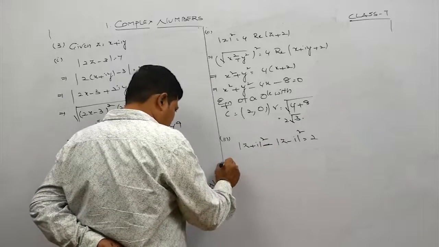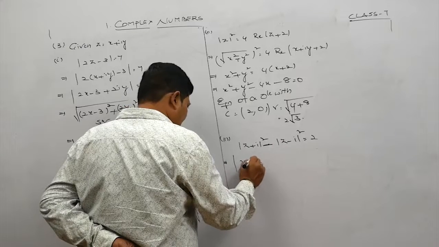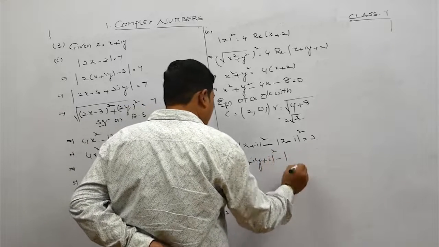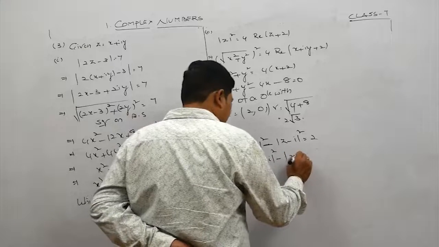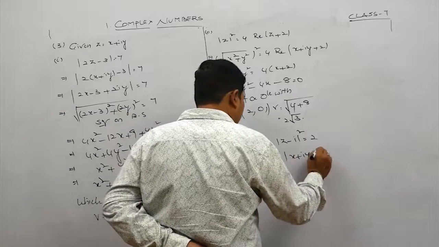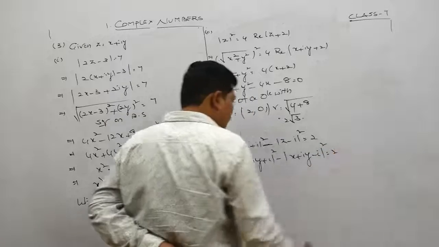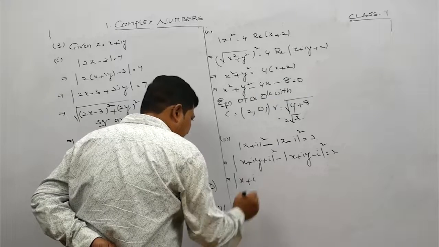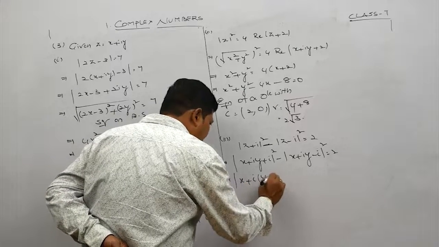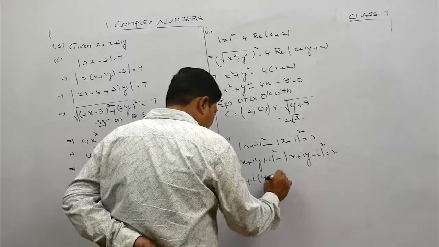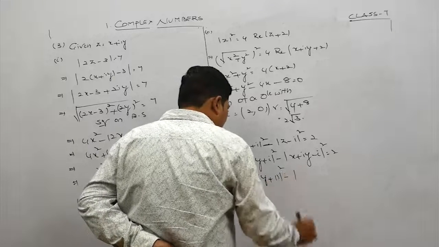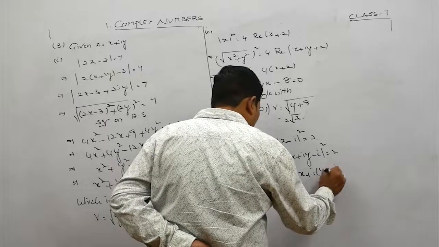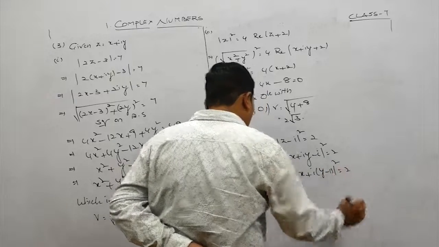As usual గా implies modulus of x plus iy plus I whole square minus modulus of x plus iy minus I whole square is equal to 2. ఇంకొక స్టెప్ రాద్దాం. modulus of x plus ఇక్కడ I కామన్ తీద్దాం, I కామన్ ఇస్తే 1 plus y plus 1 whole square minus ఇక్కడ x plus I కామన్ ఇస్తే y minus 1 whole square is equal to 2.